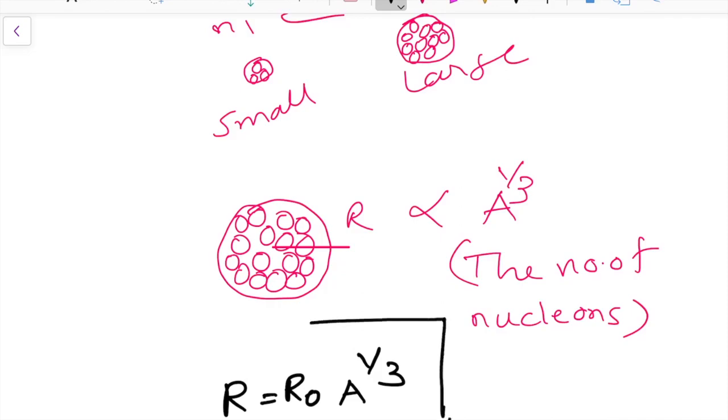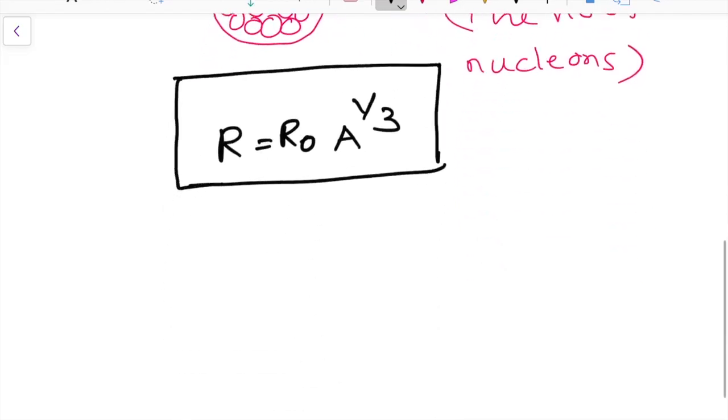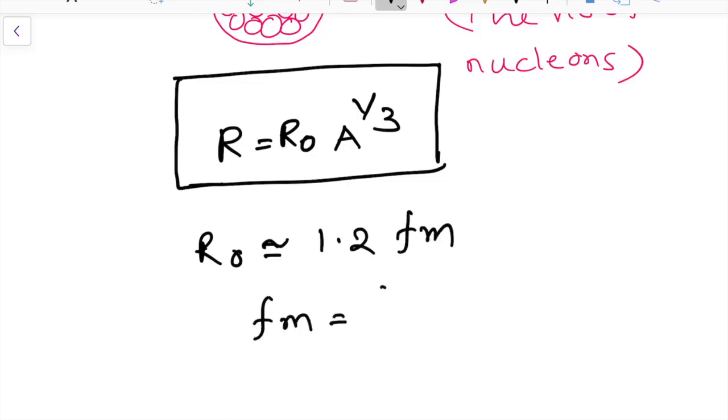It is related to the atomic mass number. Now the value of R naught is nearly equal to 1.2 fm. Fm means Fermi, that is equal to 10 to the power of minus 15 meters. So this is the relation between the radius of the nucleus and the atomic mass number.